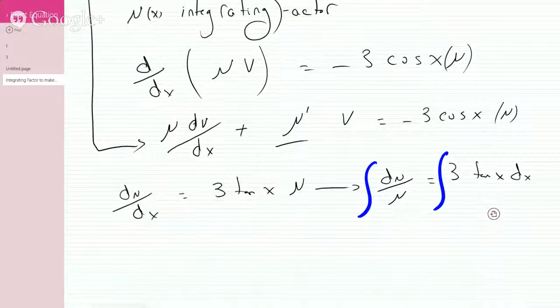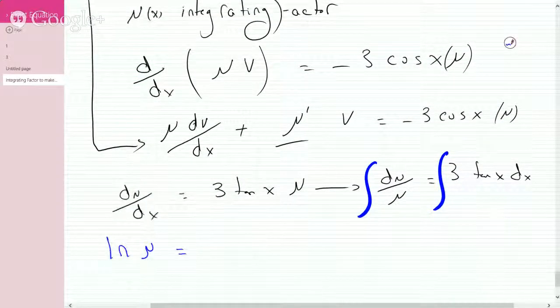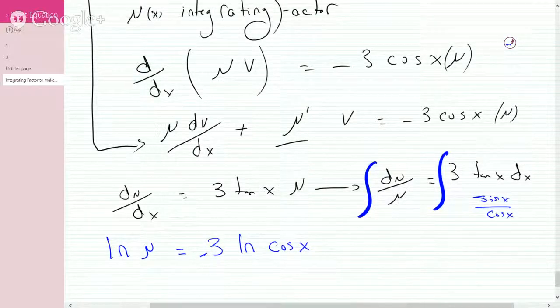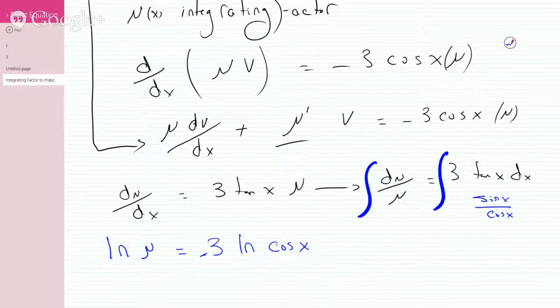Okay, and we get ln mu equals the integral of tan, we can say this is sine x over cosine x, so we can call cosine x u, so sine x dx will be minus du, so this will be 3 ln cosine x, minus sign coming from the derivative of cosine x.